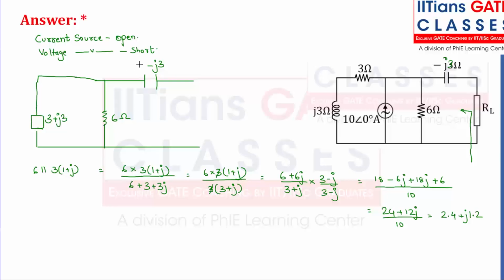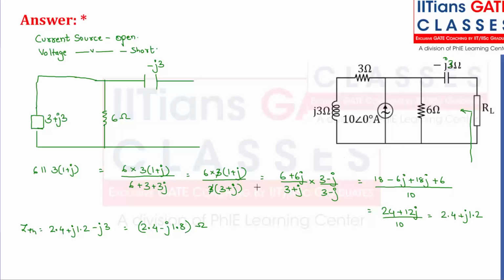Now this is in series with minus J3. So ZTH is 2.4 plus J1.2 minus J3. So this is 2.4 minus J1.8 ohm. So this is my equivalent circuit.